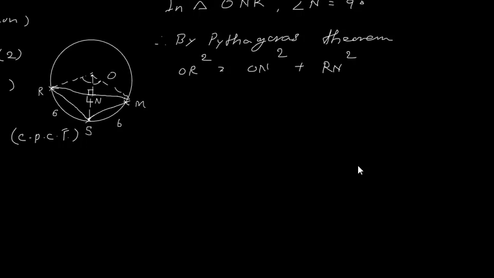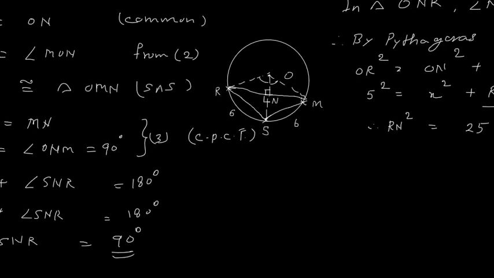OR is of length 5, so this is 5 square is equal to ON we assume as x, so this is x square plus RN we don't know, so write RN square. So therefore we get the value of RN square is equal to 5 square is 25 minus x square. Let us consider this as equation number 4, as already 3 we have taken.